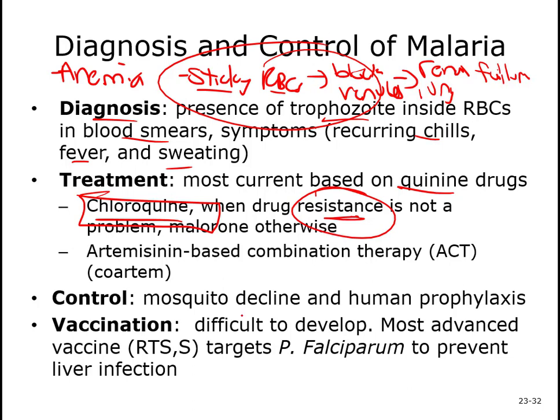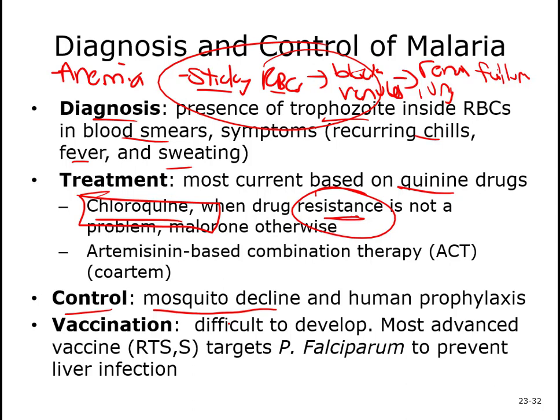The best and most important way we try to lower the number of malaria cases is basically just control the disease. And ways we can do that, of course, try to lower the number of mosquitoes. In the past, they tried to mass spray insecticides to try to get rid of the mosquitoes. Unfortunately, that ended up making the mosquitoes more resistant to the insecticides, and now they're back more than ever.